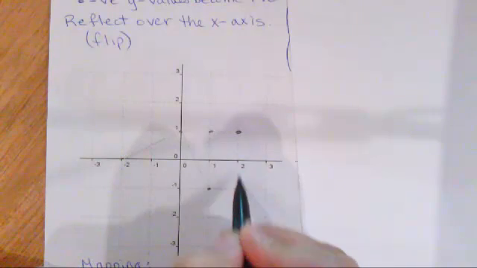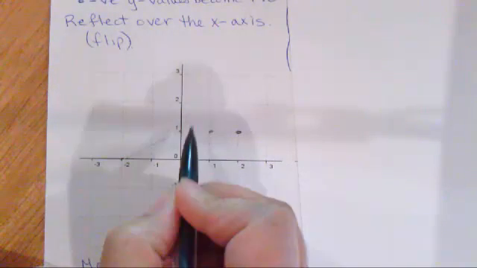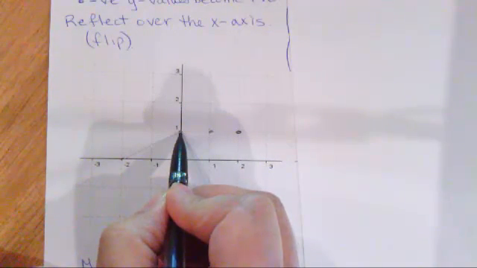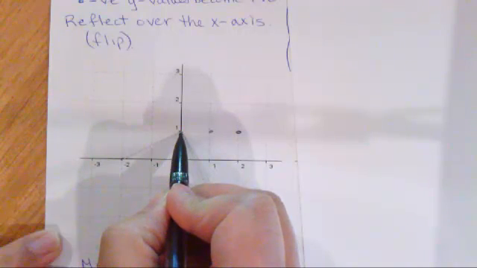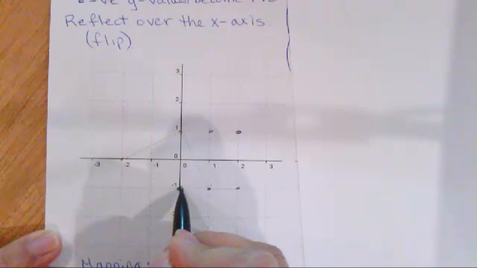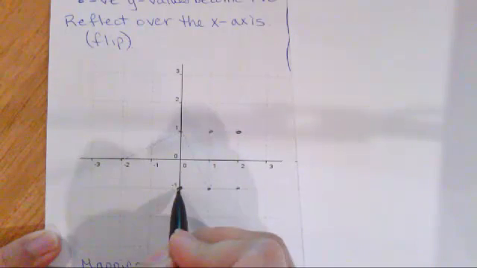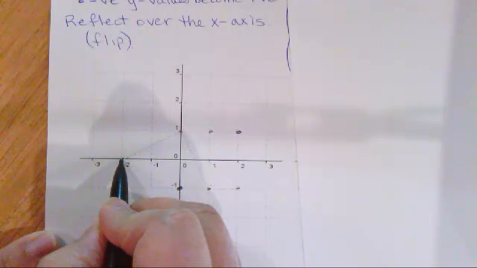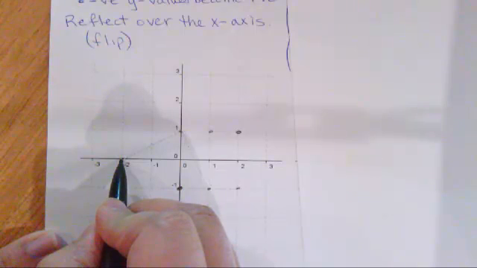This is the x-axis and they're flipping up. Here where we've got y equals 1, that's going to become y equals -1. So it's flipping.